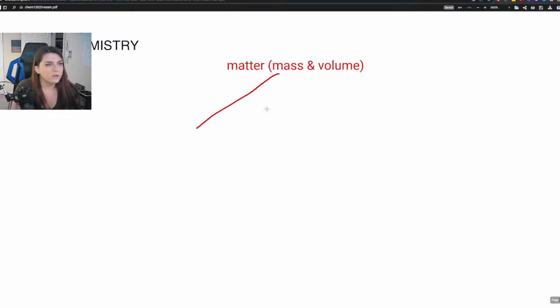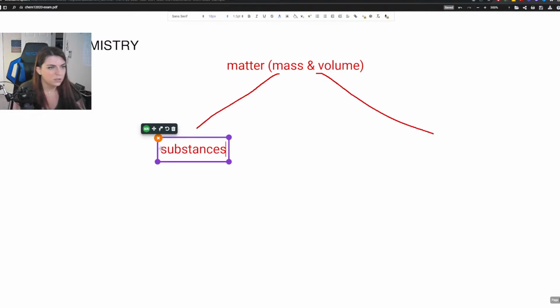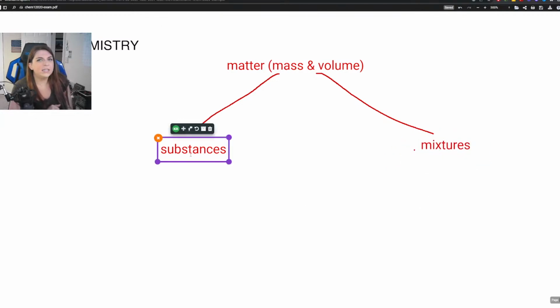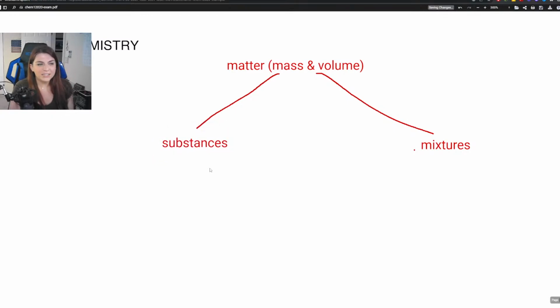Okay, so then we can split this into two categories. The first category would be substances. And then the second category is going to be mixtures. So substances are things that have nice formulas. Those are things that you're going to find in the chemist's closet, things that they're going to spend money purchasing.